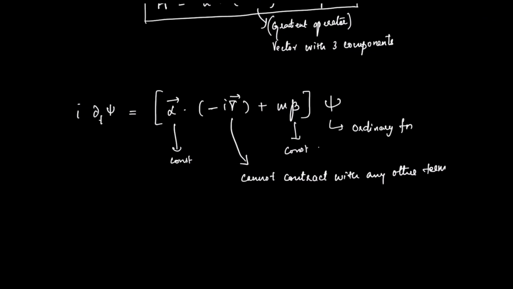If the gradient operator cannot contract with any other term, contract in the sense you have del mu, then this will contract and this will be Lorentz invariant. But in this equation, psi is an ordinary function, alpha and beta are constants. If that is the case, then the gradient operator cannot contract with any other term, and therefore this equation will not be Lorentz covariant.